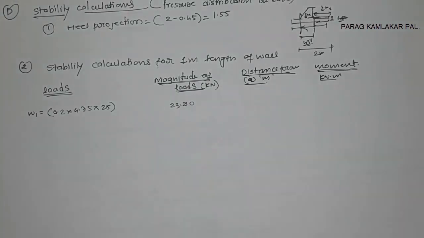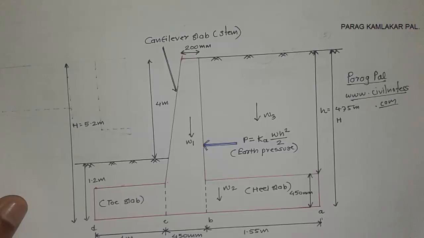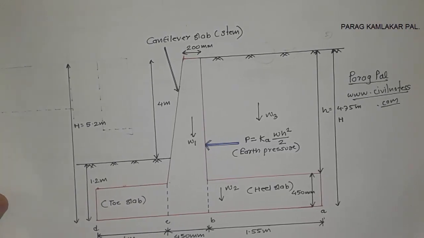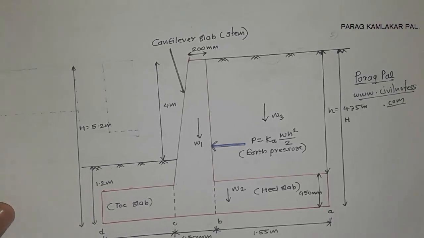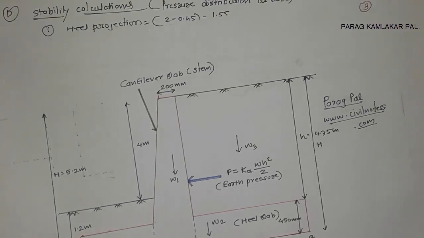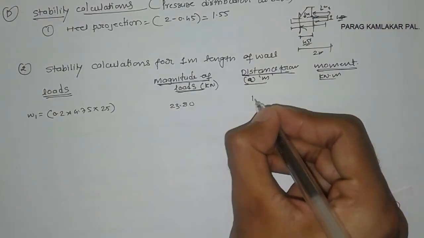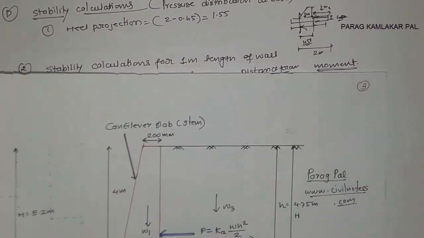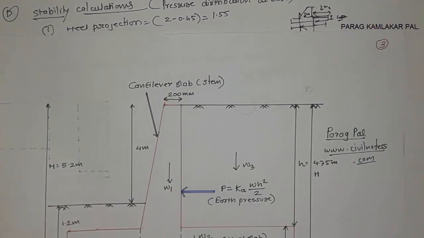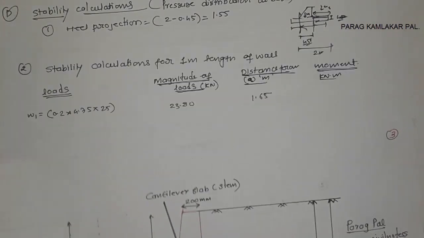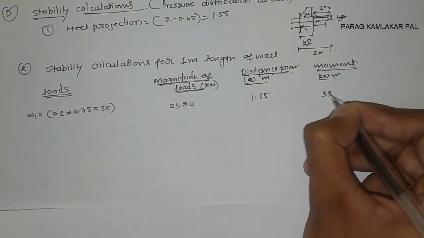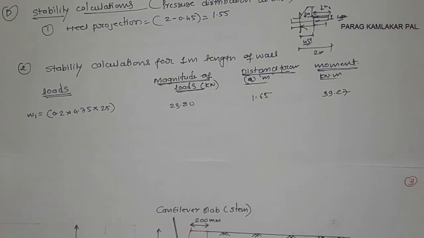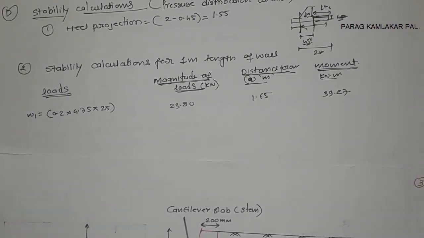The distance from A is 1.65 from this point to this one. And the moment we are getting right now is 39.27. Force into perpendicular distance: magnitude multiplied by perpendicular distance gives you the moment.